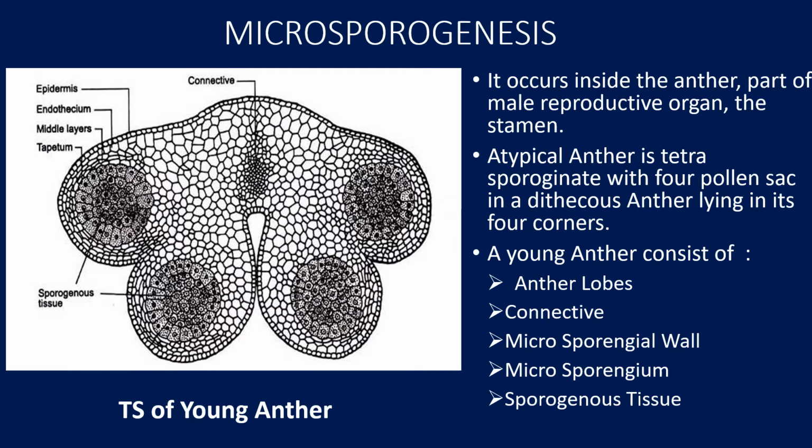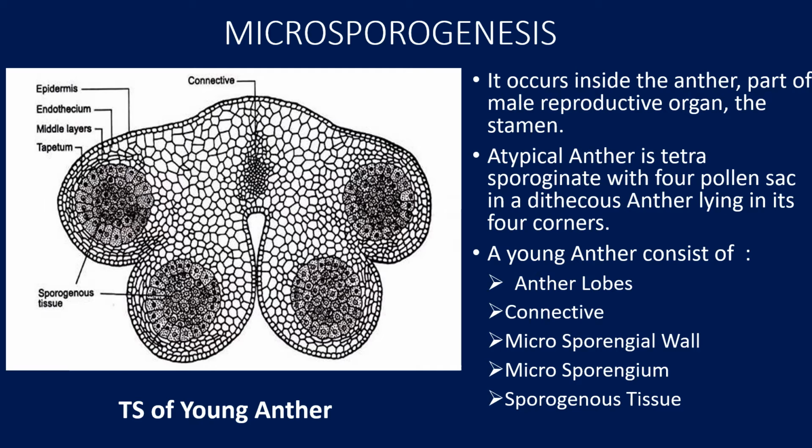Next is the connective, a column of sterile tissue on each side of which an anther lobe is present. Next one is the microsporangial wall. Parietal cells further divide periclinally to form 3 to 5 layers of wall.